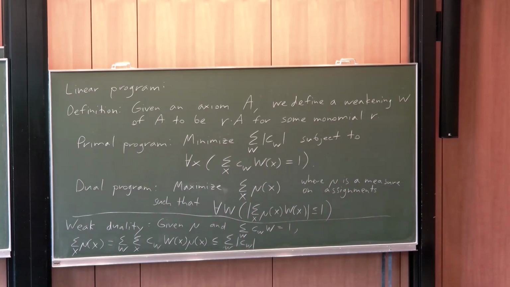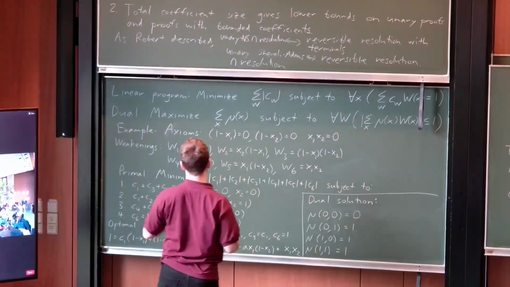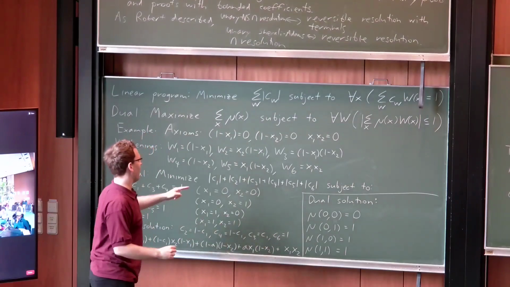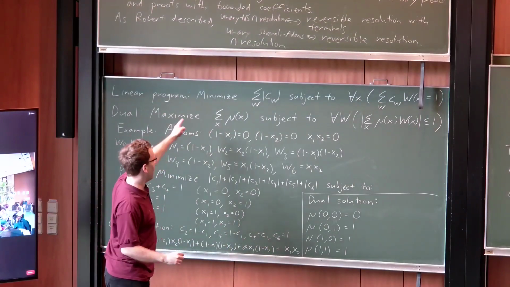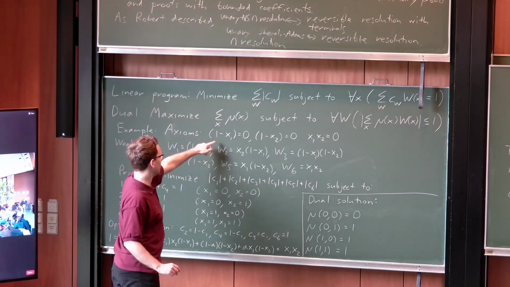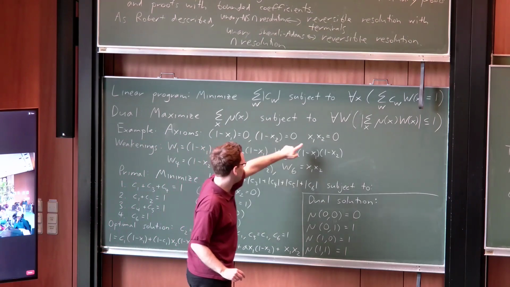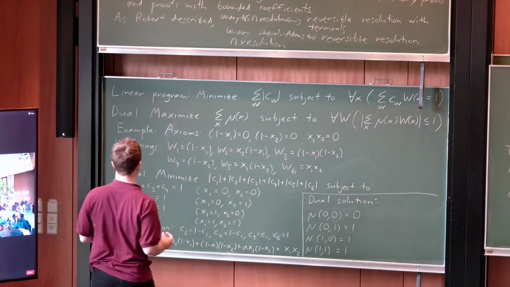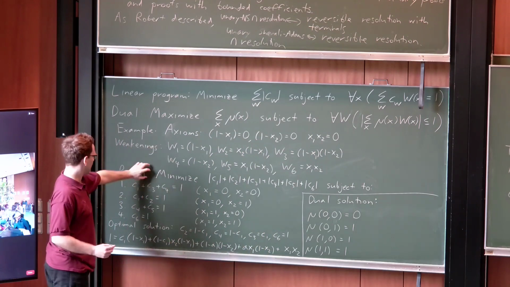Okay, I'm not doing so well on time. But here's an example: if we had the simple axioms 1 minus x1 equals 0, 1 minus x2 equals 0, and x1 times x2 equals 0, then we'd have these weakenings.